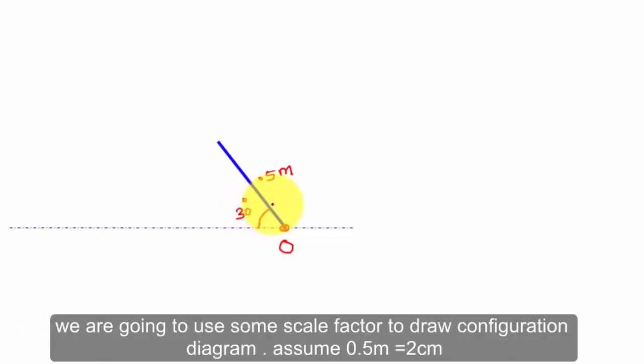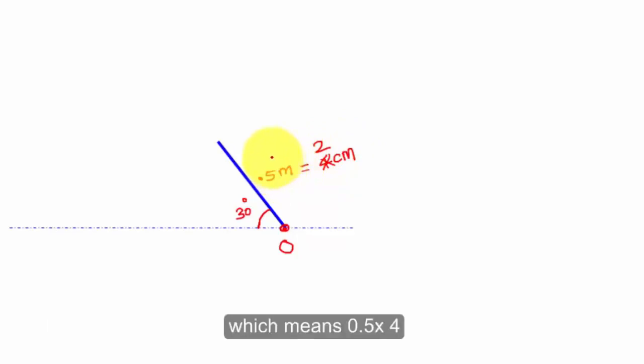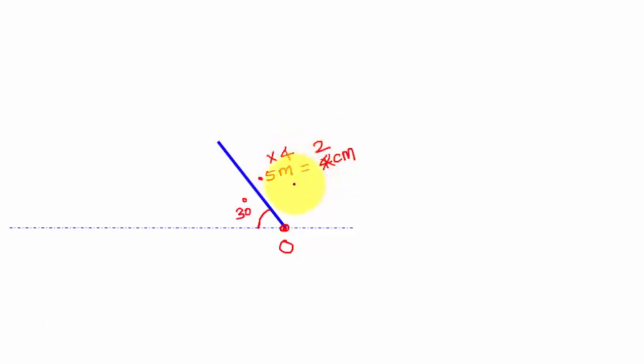So we are going to use some scale factor to draw the configuration diagram. Assume 0.5 meter as 4 centimeter, which means 0.5 into 4 is the scale factor.